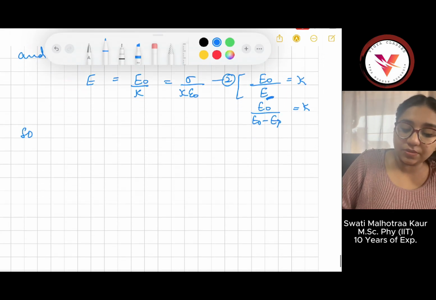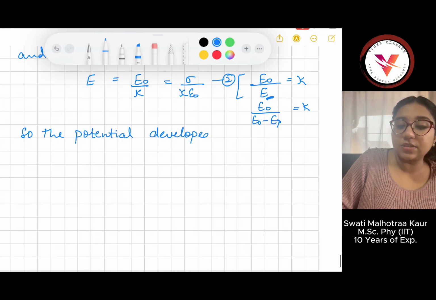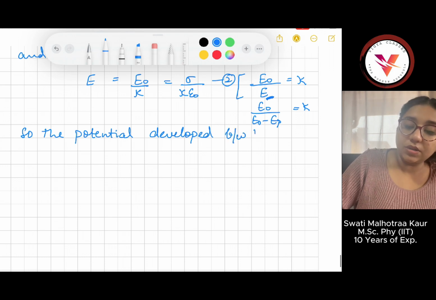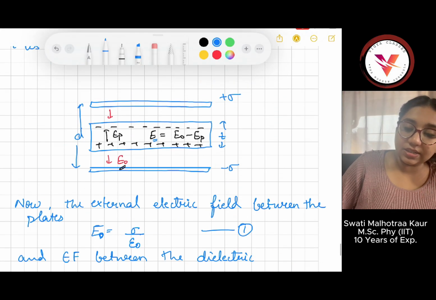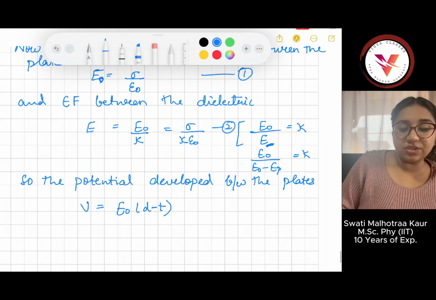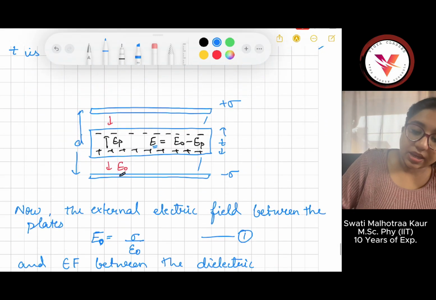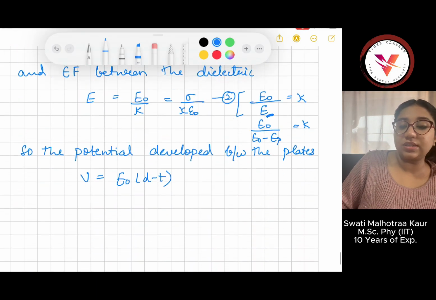So the potential developed between the plates, V, is equal to what? E naught times the distance, and the distance would be the remaining one, that is the complete d minus t. Okay, that is the distance in which your E naught lies. And for the electric field E, the distance is the thickness t.